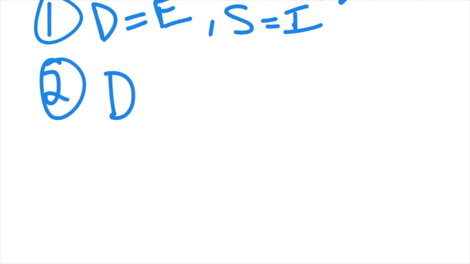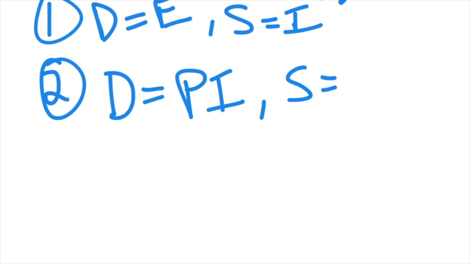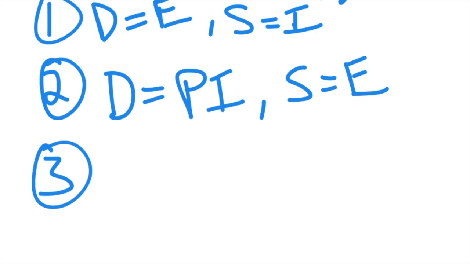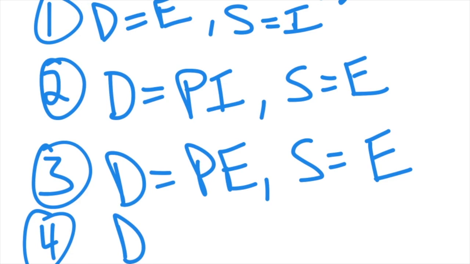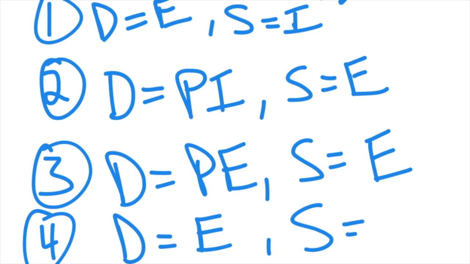Have the demand be perfectly inelastic and the supply be elastic. Then try the demand perfectly elastic and the supply, let's just say, somewhat elastic. And the last one, have demand be elastic and the supply curve be, let's just say, perfectly inelastic.